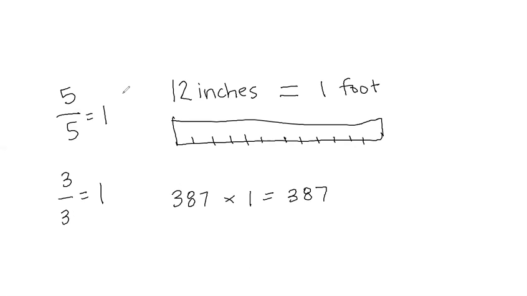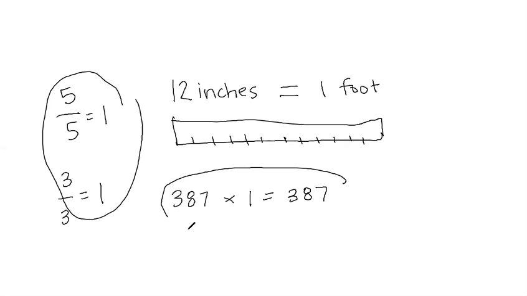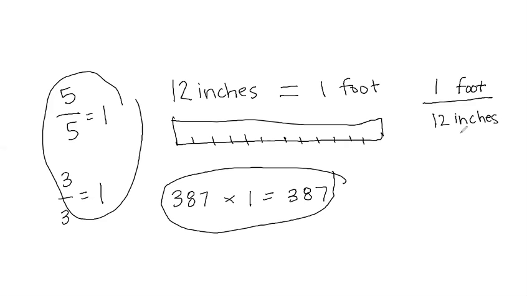If you put these ideas together, you get a technique for converting between units by creating a fraction that is equal to 1 and then multiplying by that fraction. So if 1 foot and 12 inches are equal, then if you make a fraction that's 1 foot divided by 12 inches, it's equal to 1, right? Same thing if you do it upside down.